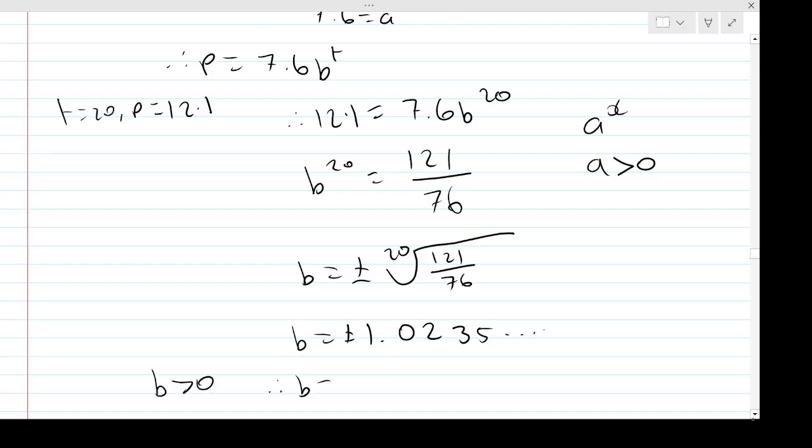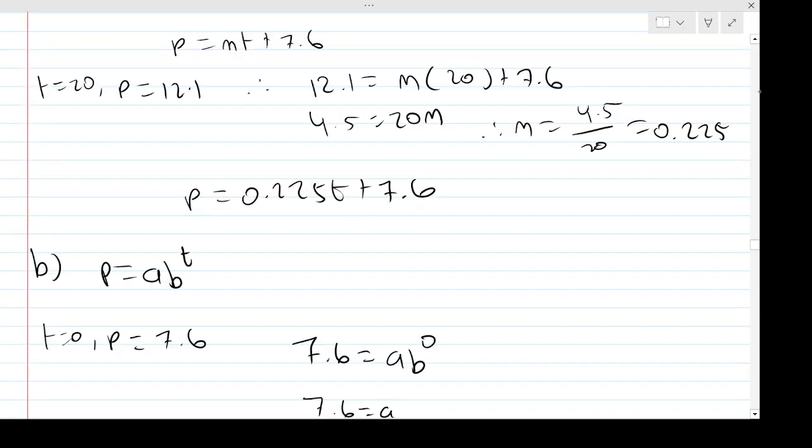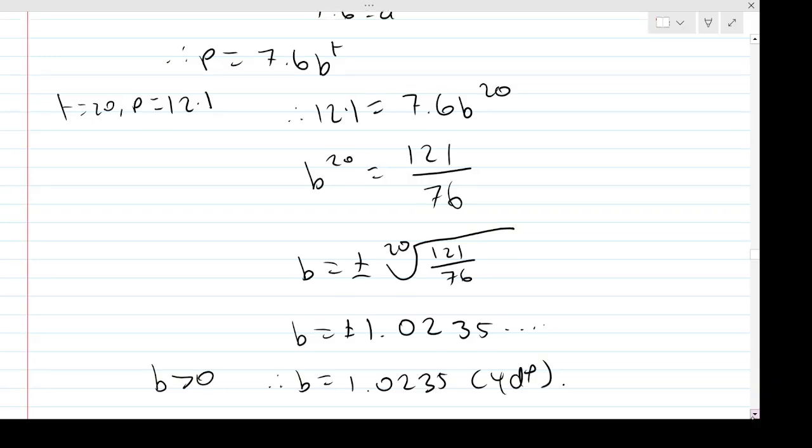So therefore b is just simply positive 1.0235 to 4 decimal places. That also makes sense because if you think about it logically, if b was negative, when it does work, because it wouldn't work all the time, it's basically saying you're getting negative population, which makes no sense. So there we are, b is positive in this case.